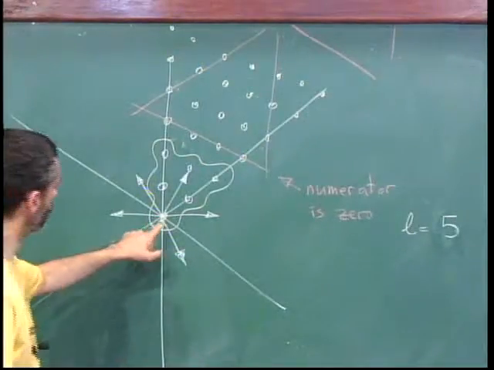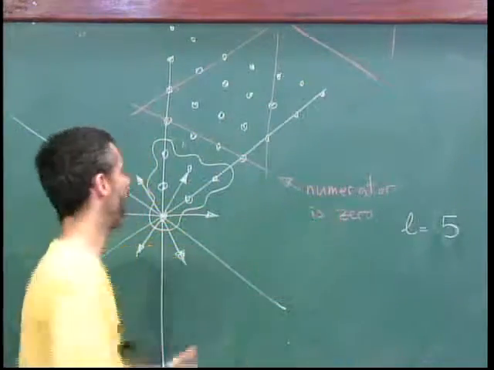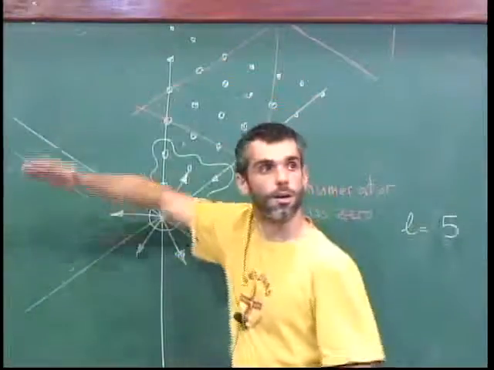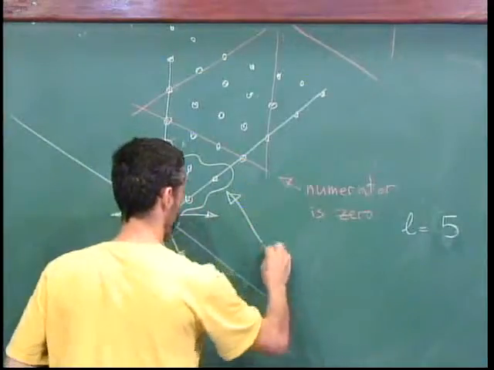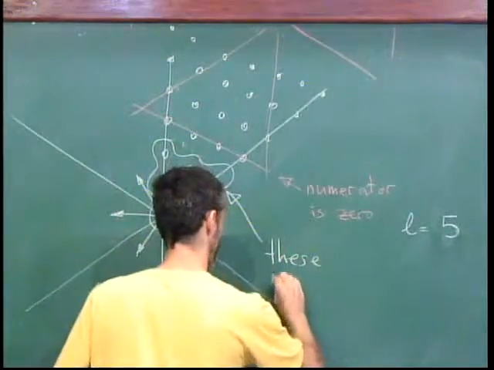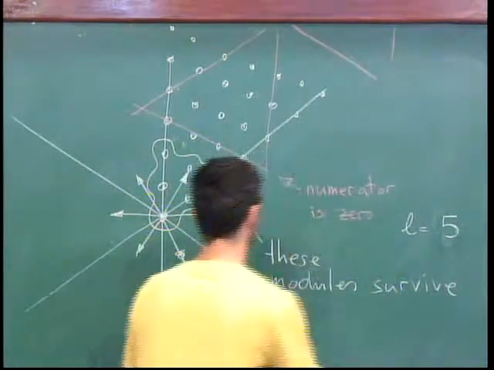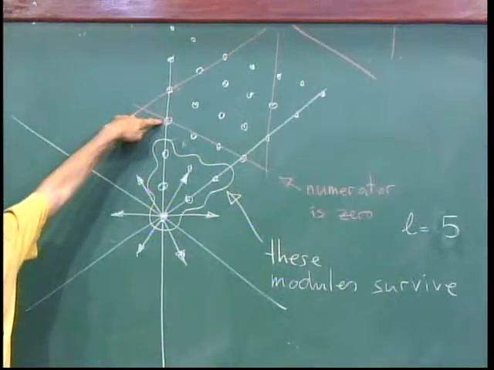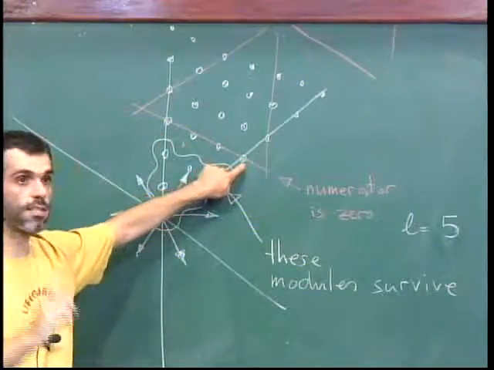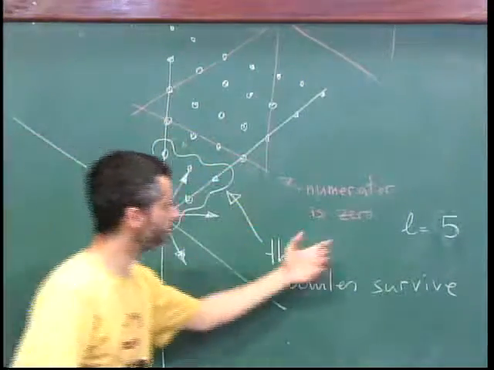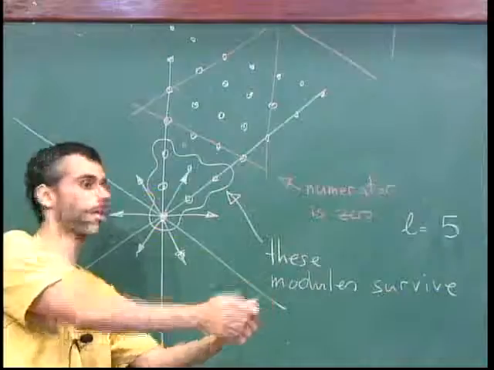The number of modules here is 6, but it grows in a quadratic way in L. So L says how far this wall shows up. So these are the modules that survive. Those modules are still irreducible. The Weyl modules for these highest weights are still irreducible, but their quantum dimension is 0, and they become negligible and become equivalent to the 0 object in the quotient category.